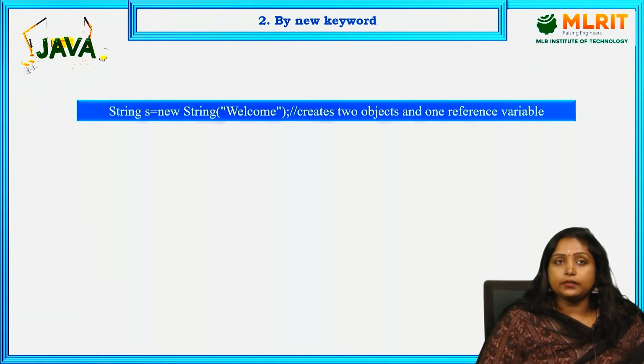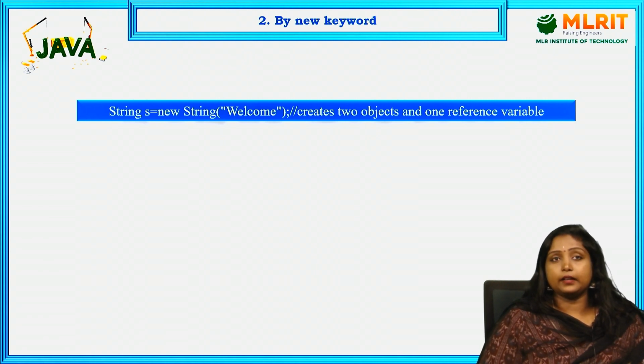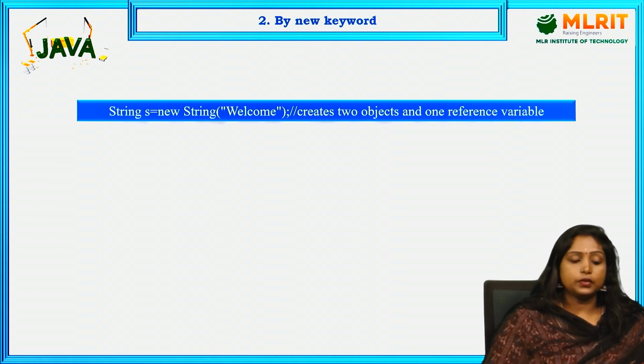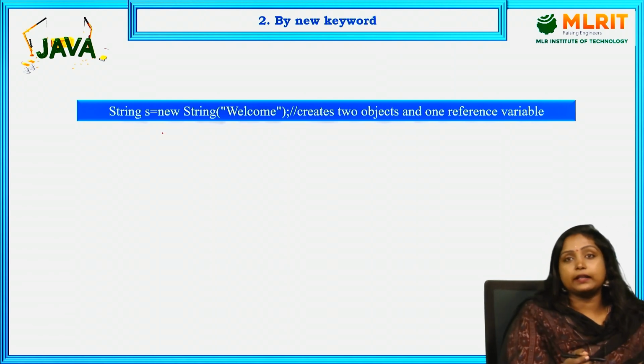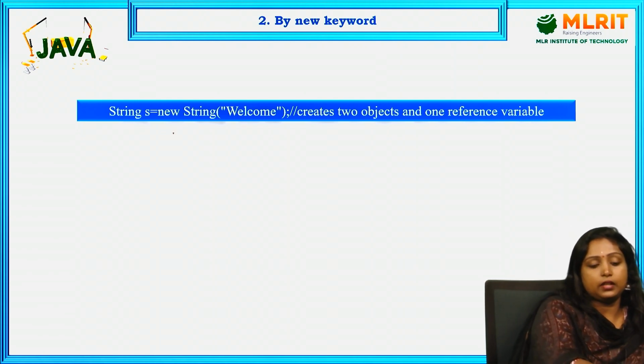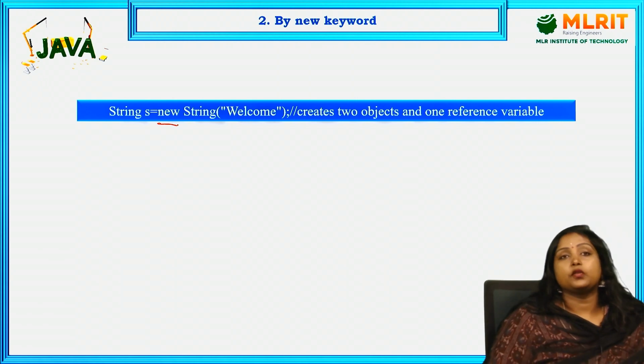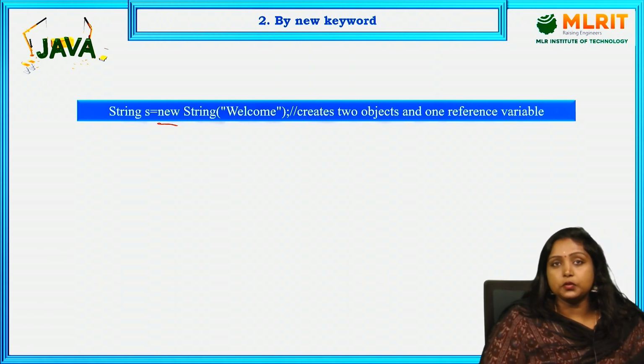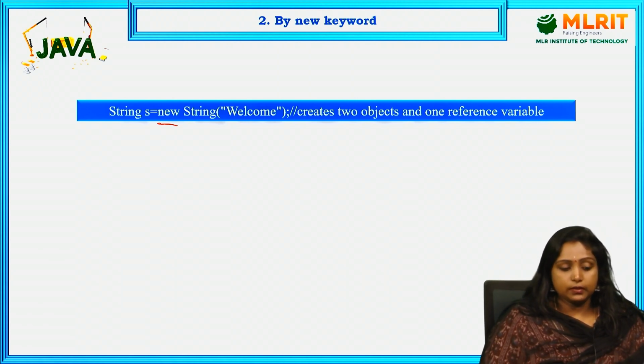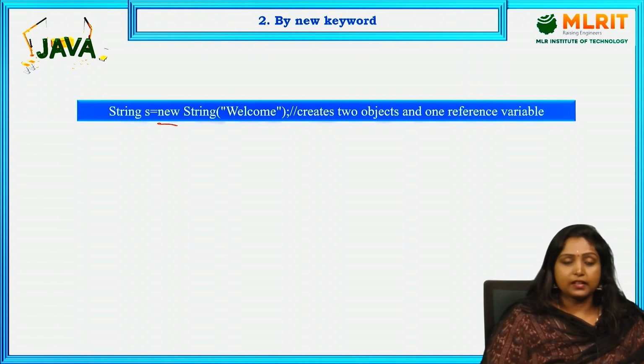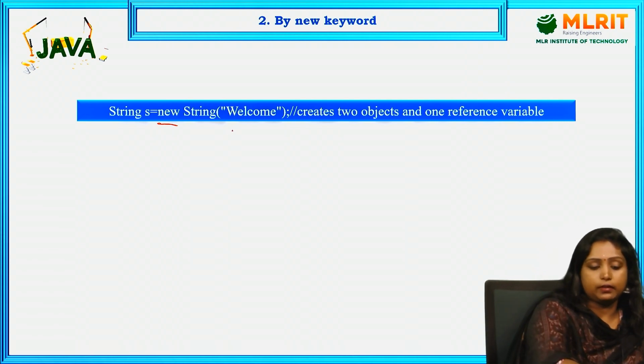Now the second way, the new keyword. If I am creating a new string, I can use string s equals "welcome" directly with a string literal, or I can use the new keyword, like how we create an object. In the same way, you can create string s equals new String("welcome"). So the s object consists of a string called welcome.